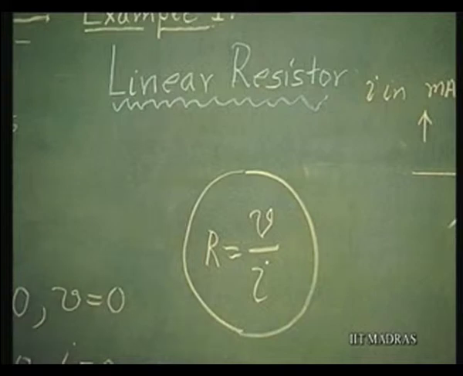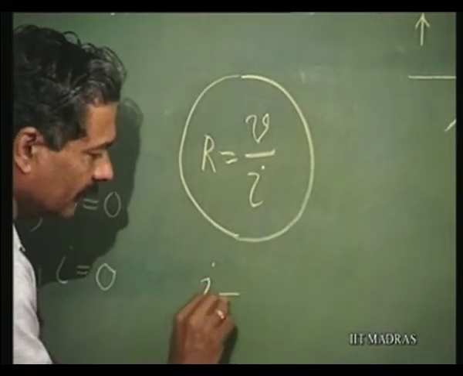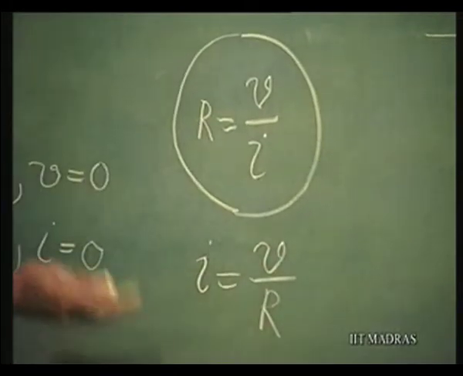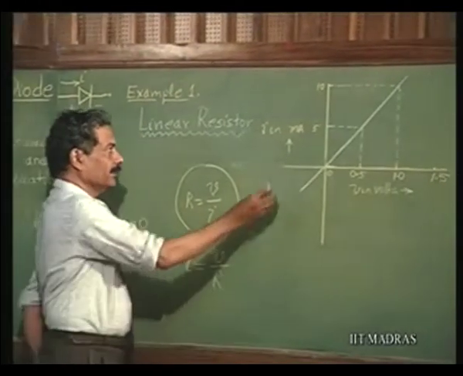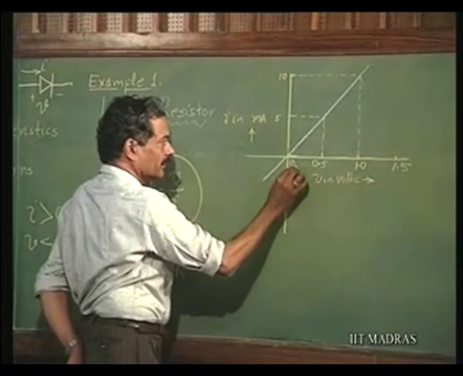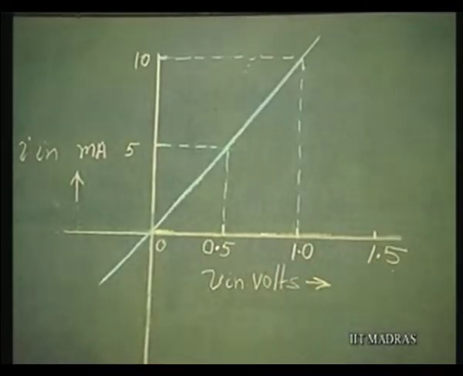So, this is plotted in terms of either I is equal to V by R or V is equal to I into R. This is the plot. Let us say I is on the y axis, V is on the x axis, 0, 0.5 volts, 1 volt, 1.5.